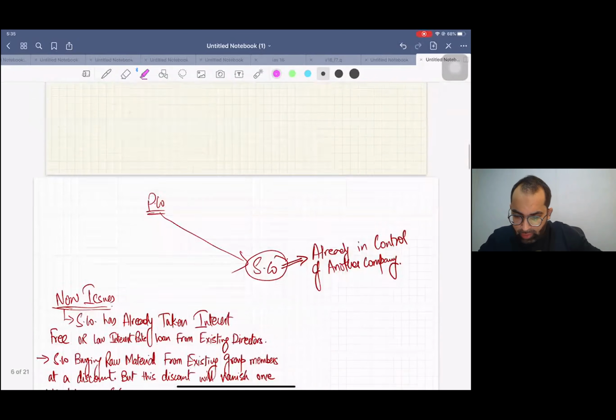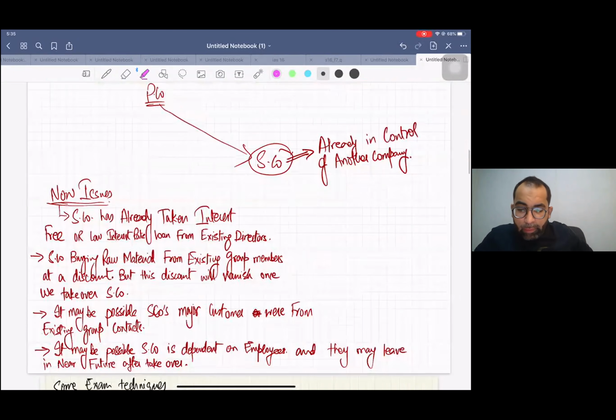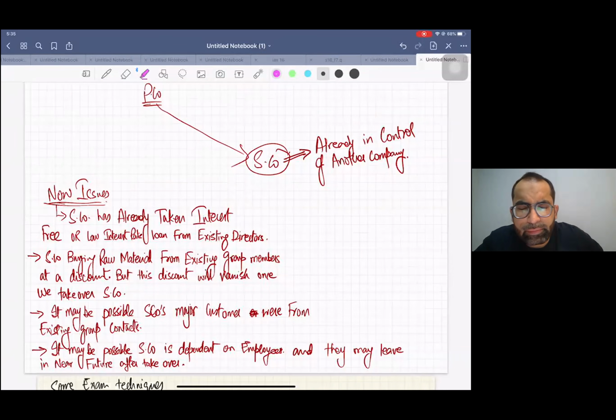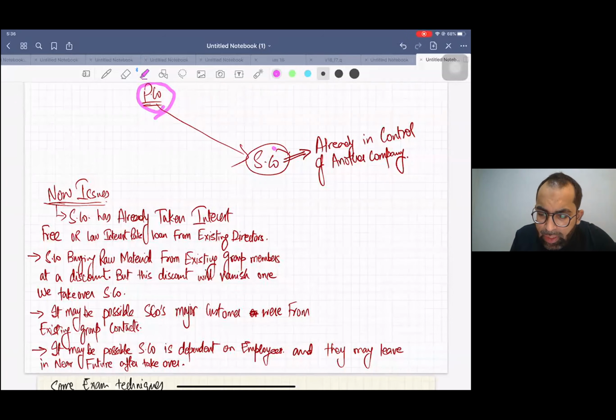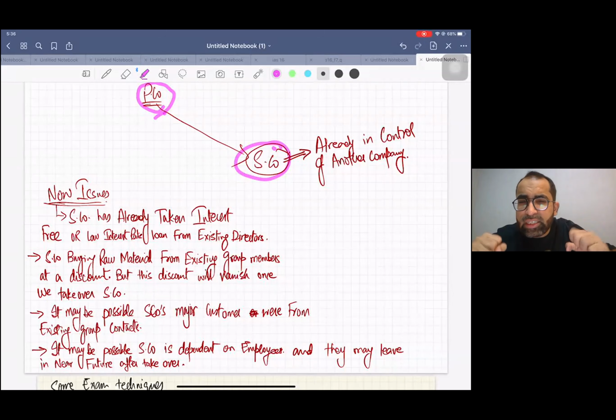Now this is a very common area, and I think there are a few questions like this in your exam kit, when P company is acquiring S company.